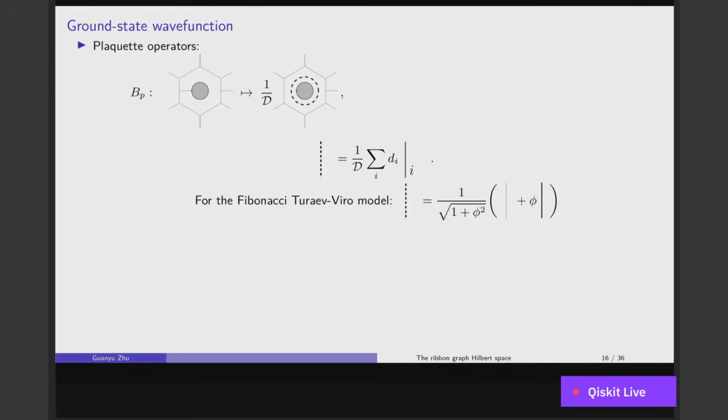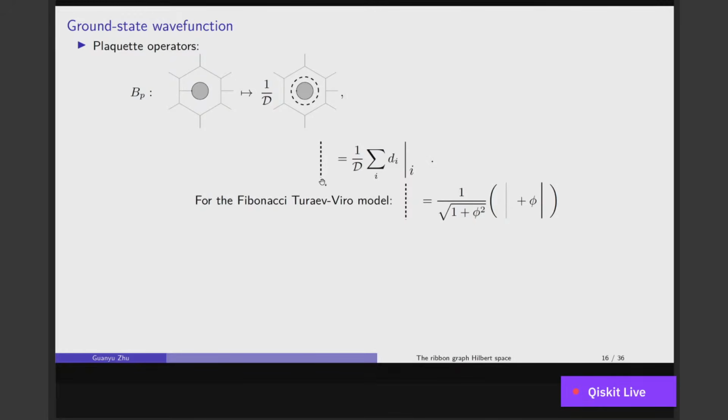And now we could represent the ground state wave function just with this ribbon graph language. So the plaquette operator in this model simply corresponds to adding a particular vacuum loop, a particular ribbon, around the puncture inside each plaquette.